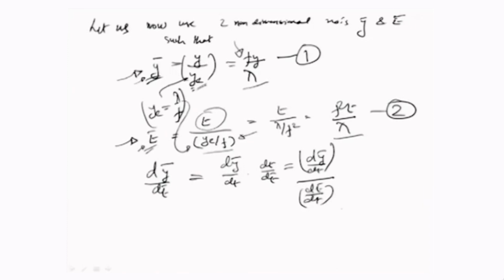So, just using the chain rule. Here dy dash by dt comes out to be equal to f by lambda times dy by dt from 1, and dt dash by dt comes out to be equal to f square by lambda times 1, dt by dt from 2.